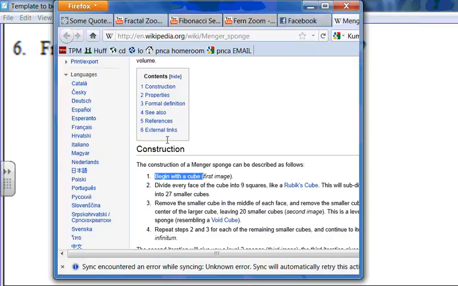You begin with a cube and then divide each face of the cube into 9 squares, like a Rubik's Cube. And if you hollow out the middle cube in each direction, you'll have the beginnings of a Menger sponge. So check it out.